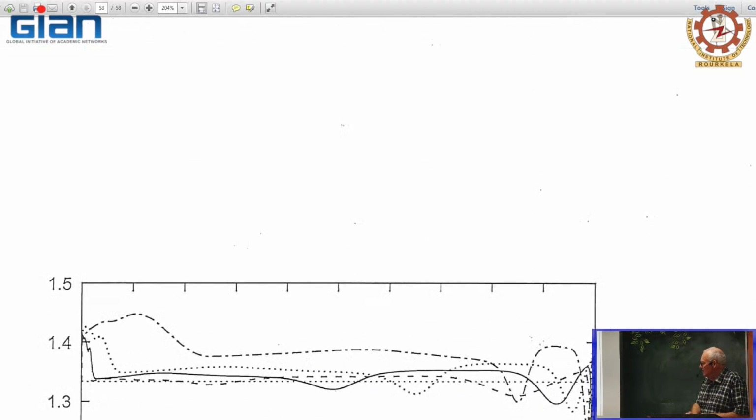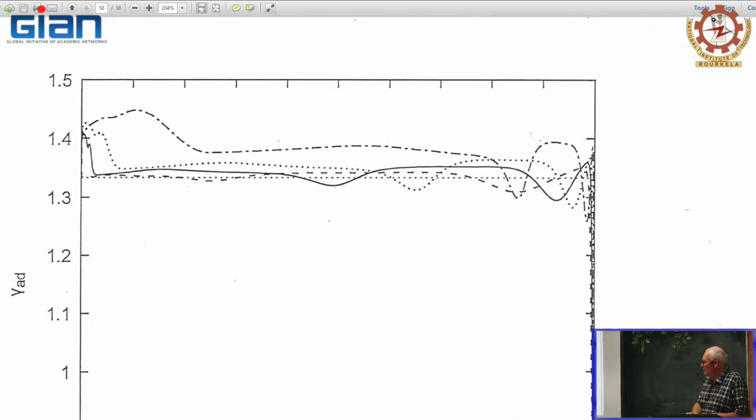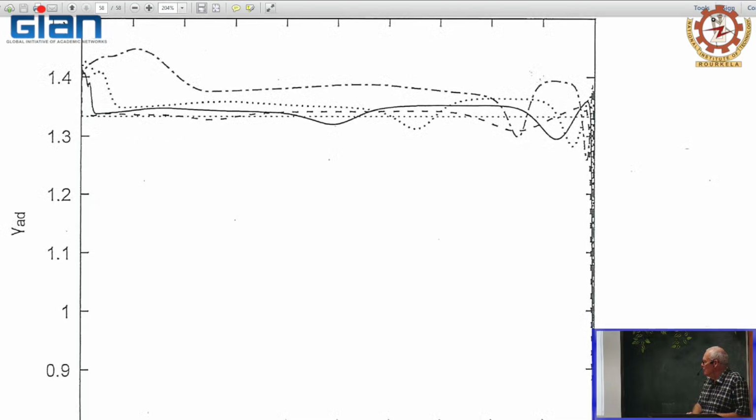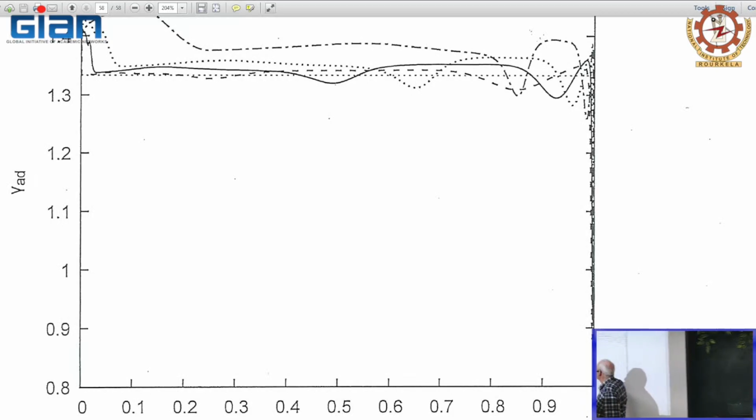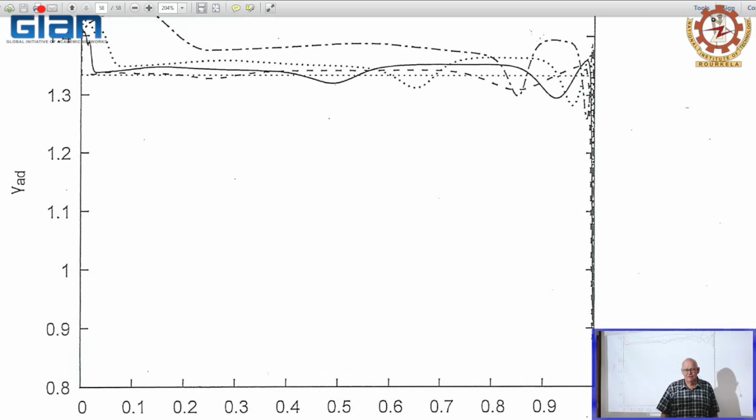To finish with, we have here the adiabatic index as a function of relative radius for the various masses. We see that gamma adiabatic locally falls below 4/3. Here, for instance, we have two places where gamma falls below 4/3.